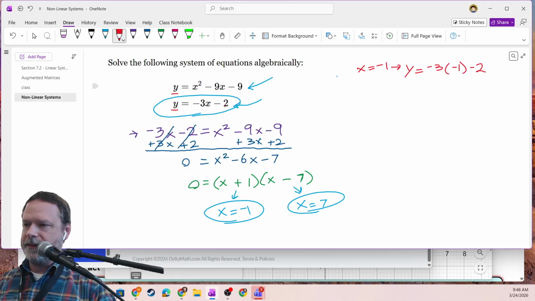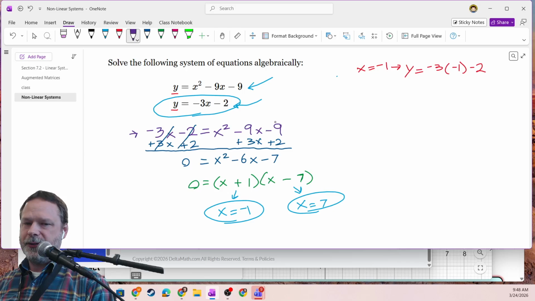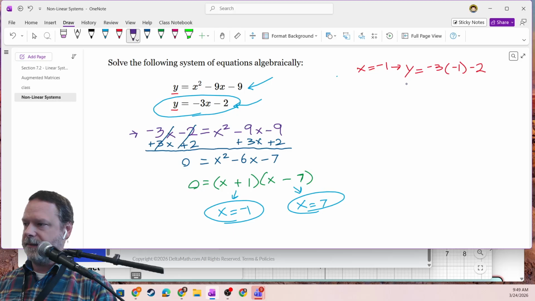I'm using this one because it's an easier equation. I could plug the negative 1 for x into the quadratic or the linear equation. It doesn't matter, assuming I didn't make a mistake. The linear is easier, so I'm just going to use that one. If you want to be extra sure, plug it into both and make sure we get the same answer.